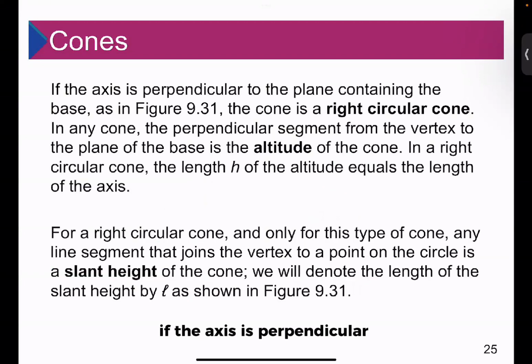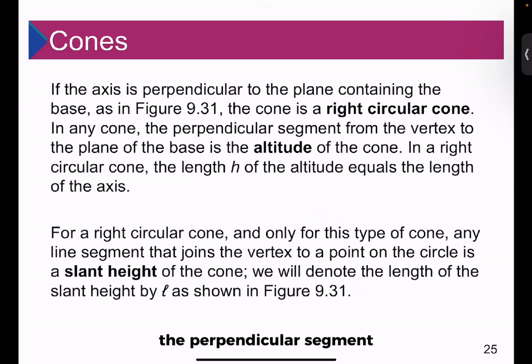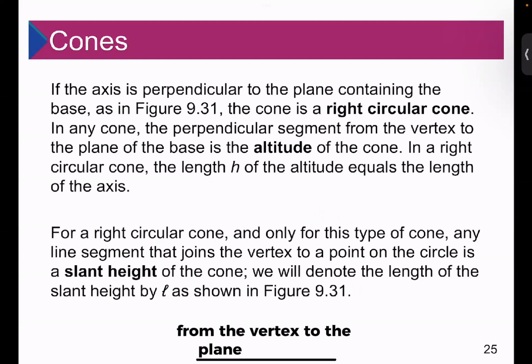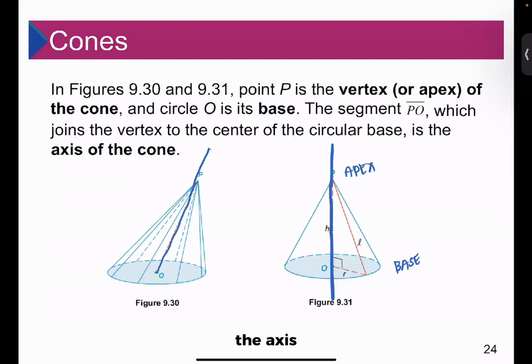If the axis is perpendicular to the plane containing the base, as in figure 9.31, the cone is a right circular cone. In any cone, the perpendicular segment from the vertex to the plane of the base is the altitude of the cone. In a right circular cone, the length h of the altitude equals the length of the axis.